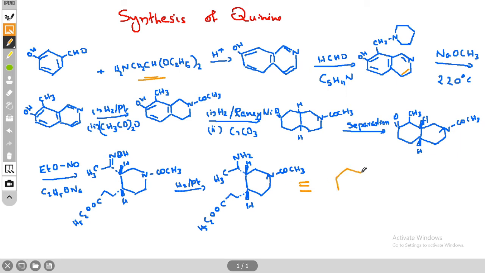That is N, COCH3, COOC2H5, NH2, then CH3. So this group is CH, NH2, CH3 is here. Then the 6-membered ring is written like this.